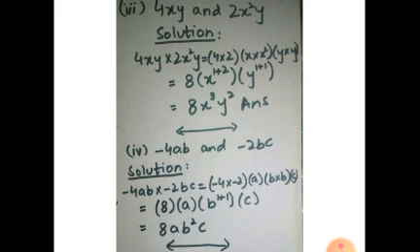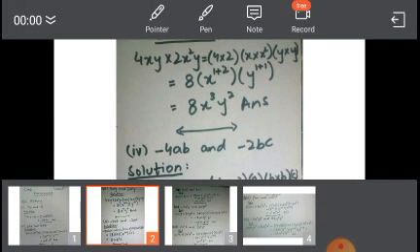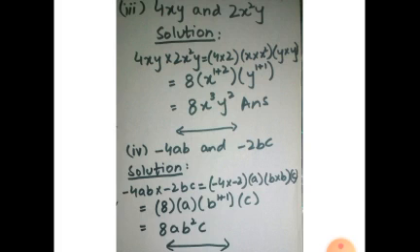Now come to part number 3, that is 4xy and 2x square y. First of all we place a multiply sign in between them, then we separate the numeric values, that is 4 and 2, and then we separate the like variables, that is x into x square and y into y.